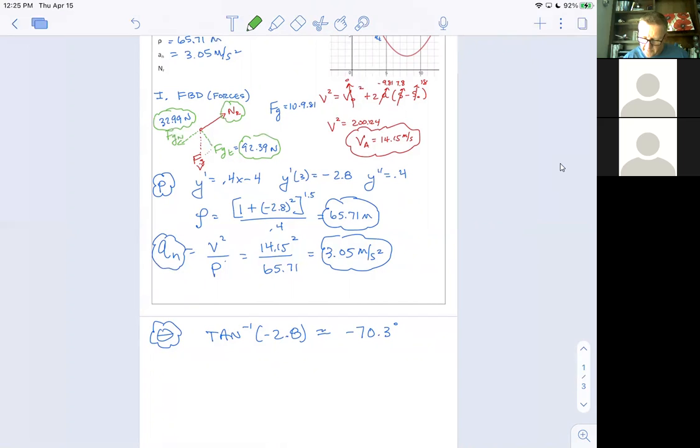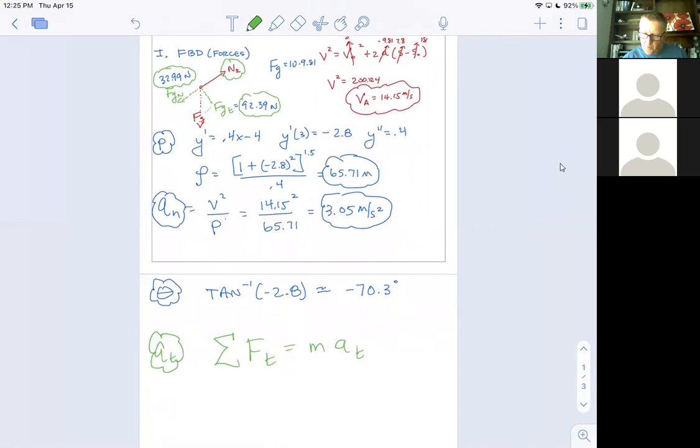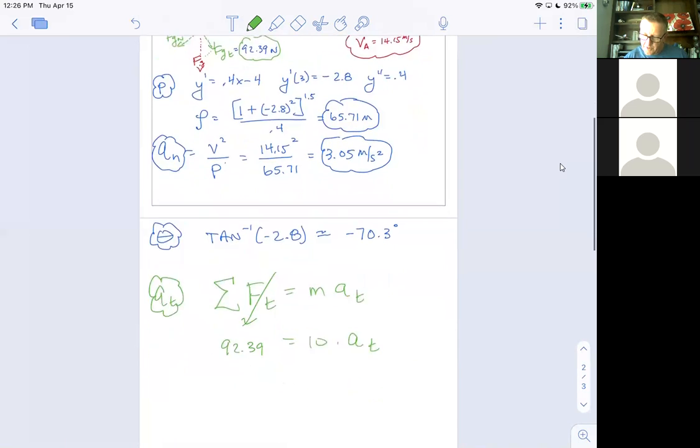To get the acceleration tangential, I would have to use the formula that the force tangential is equal to the mass times the acceleration tangential. So the force tangential we have in the same direction. Notice it's positive because it's going in the same direction as the skier, 92.39. We know the mass of the skier was 10. That means all I have to do is divide to get acceleration tangential.